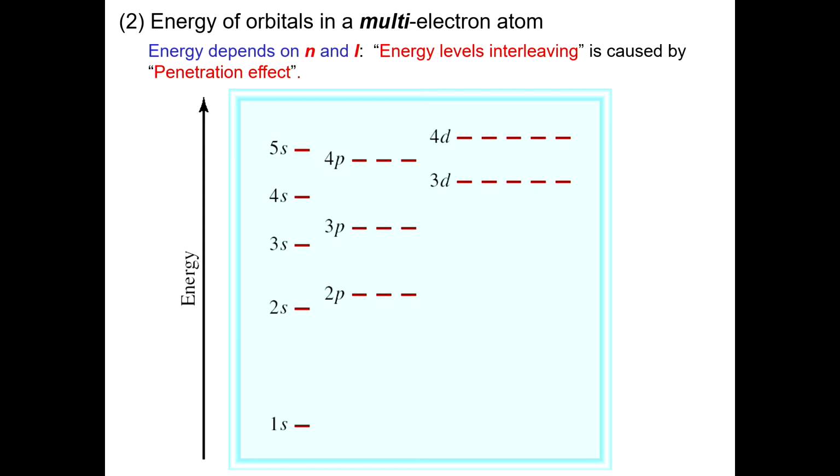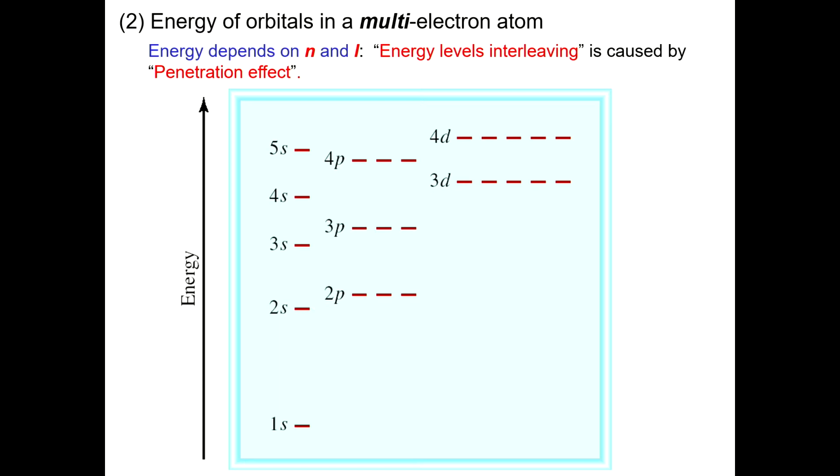A simple explanation is that the s orbital can get closer to the nucleus, so its energy decreases. We know that if the electron is closer to the nucleus, it has lower energy, right?